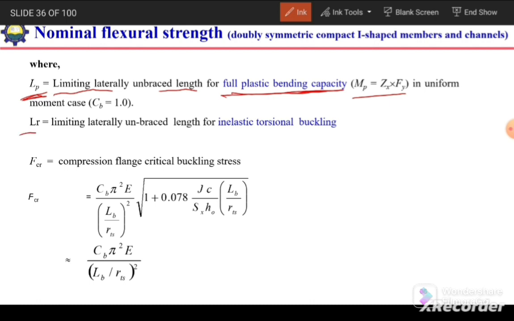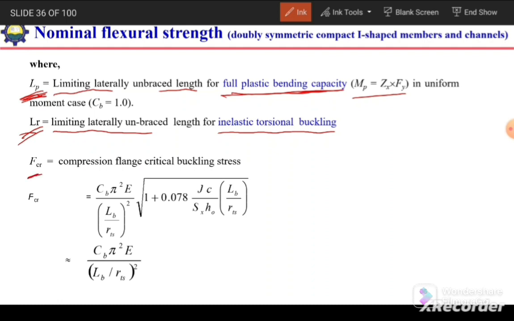And Lr is the limiting laterally unbraced length for inelastic torsional buckling. If the unbraced length Lb is less than or equal to Lr, we will have inelastic lateral torsional buckling, but if the unbraced length is beyond this Lr value, we will have elastic lateral torsional buckling. So these two values are the dividing lines between no buckling, inelastic buckling and elastic buckling.